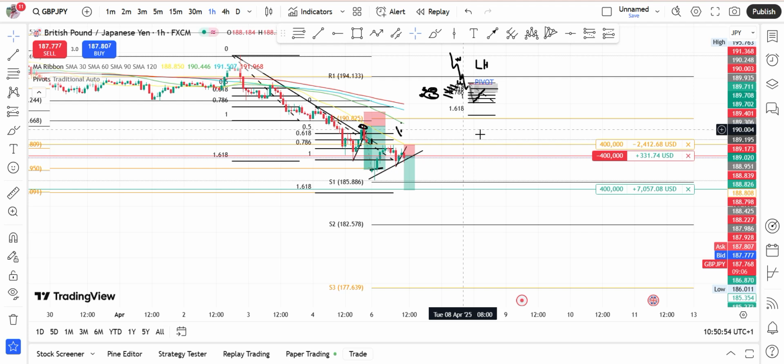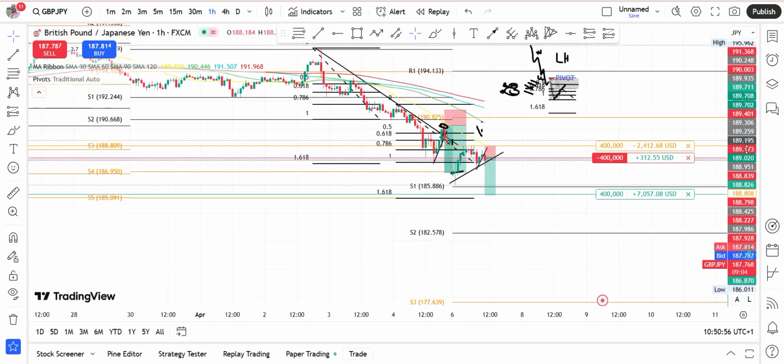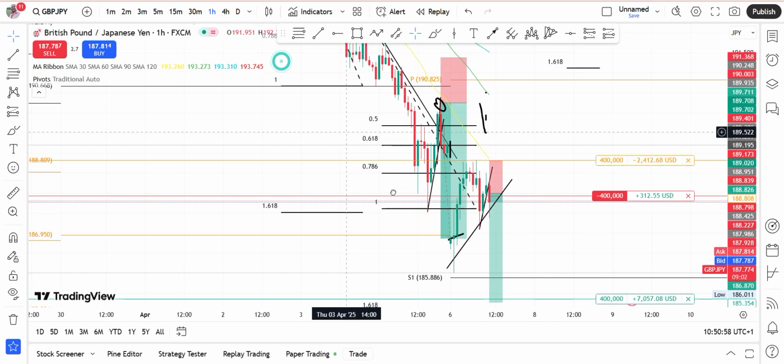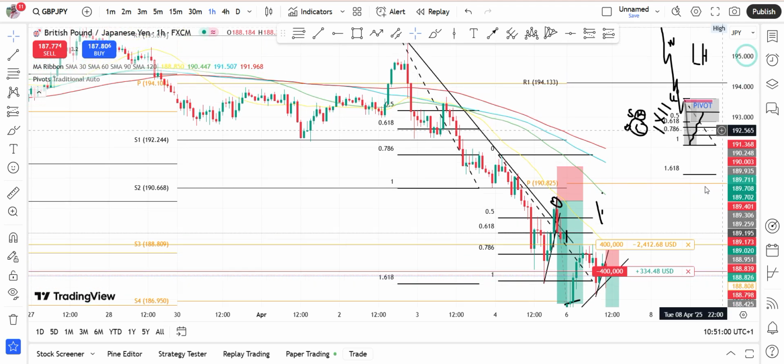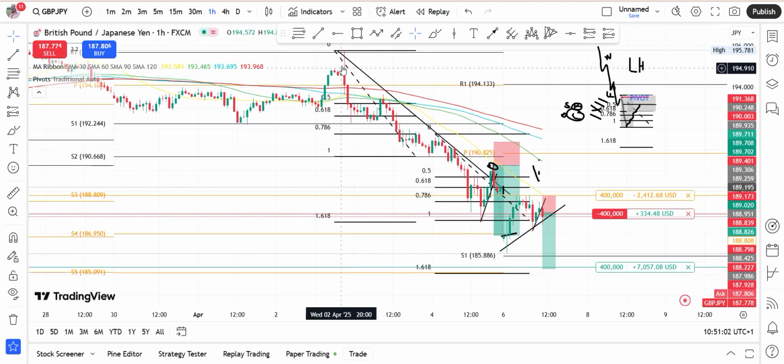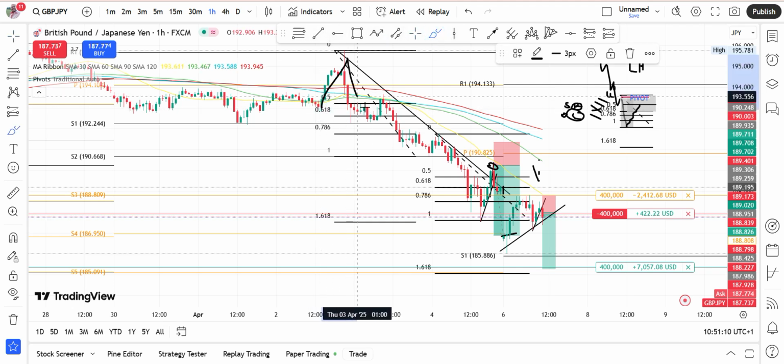It was a momentum. You see here the momentum on the 1 hour time frame. This is the momentum that we are talking about.